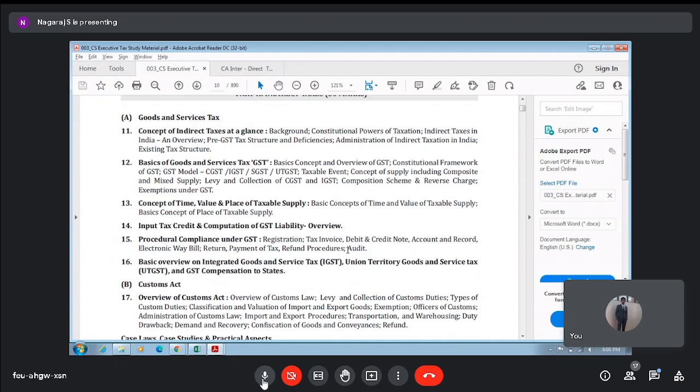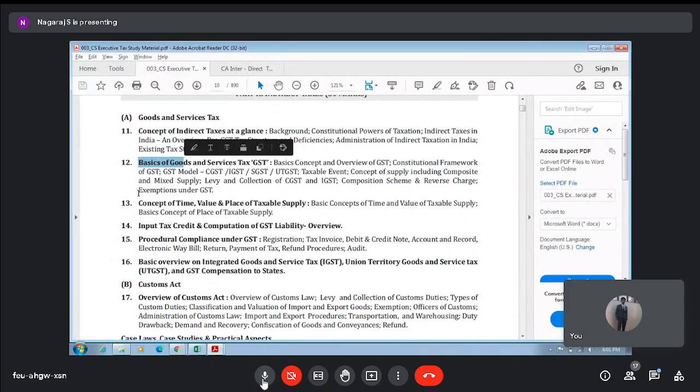Okay. In this, time of supply is 1, value of supply is another 1, place of supply is another 1, 3 chapters.